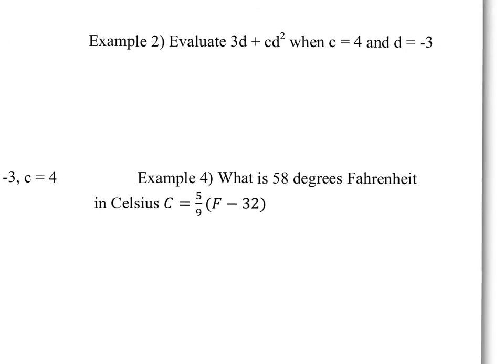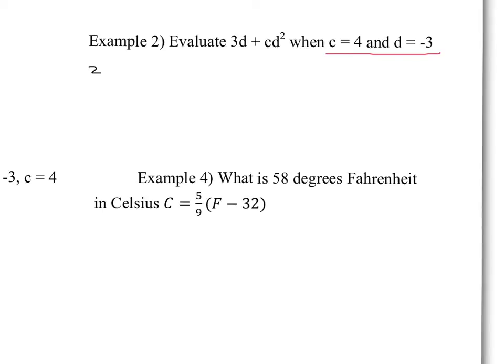It says evaluate 3D plus CD squared when C equals 4 and D equals negative 3. Okay, so now we're given two variables, C equals 4 and D equals negative 3. Again, I'm going to take the expression and rewrite it with just what's there and parentheses whenever I see a letter that I'm going to substitute.